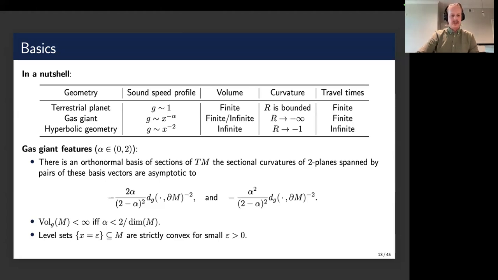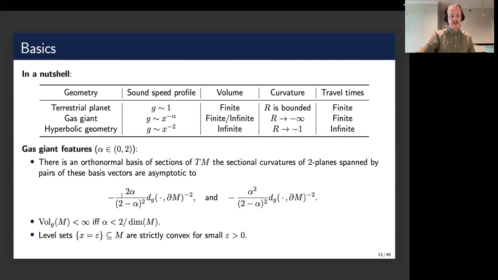Okay, so some features of gas giants. First one, there is an orthonormal basis of sections of the tangent bundle, so that the sectional curvatures of two planes spanned by pairs of these vectors are always asymptotic to one of these numbers.